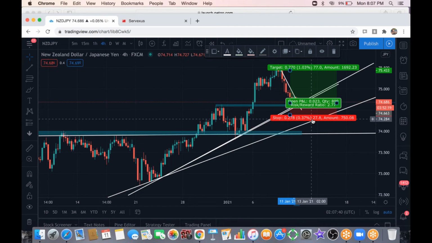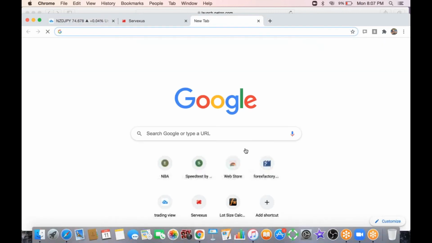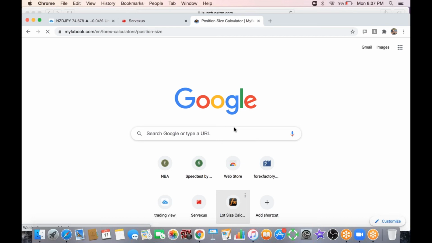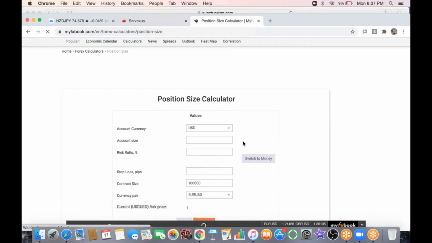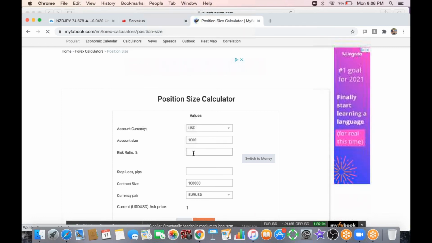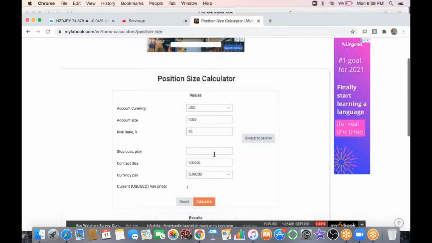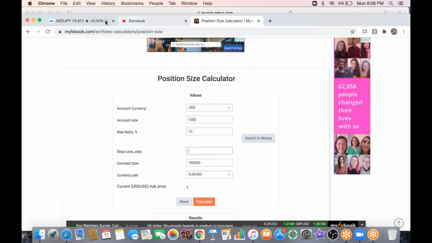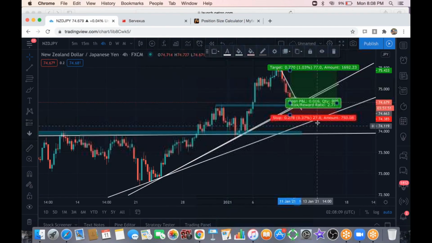Make sure when you're trading, you're always doing 10% or less risk on your account. So you plug it into your risk to reward calculator. To do it live, so you can actually see it: once you get your parameters, you're going to have your account size. It's going to say $1,000. You're going to say, okay, I want 10% risk, and what did NZDJPY say?